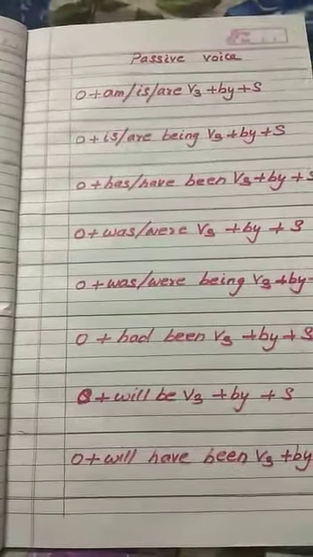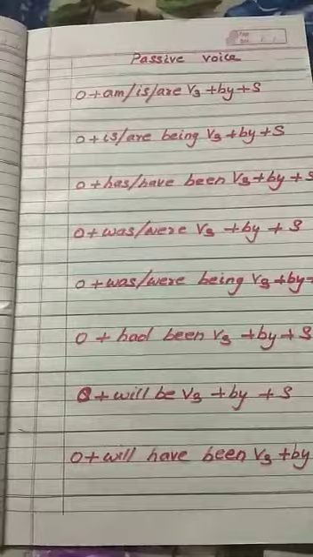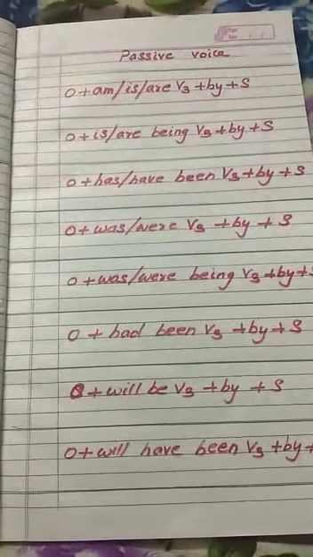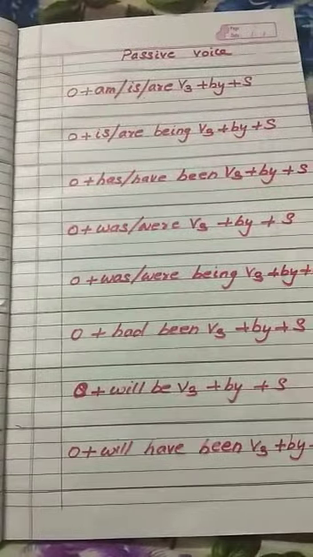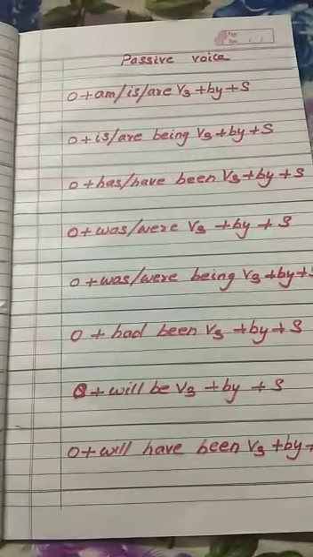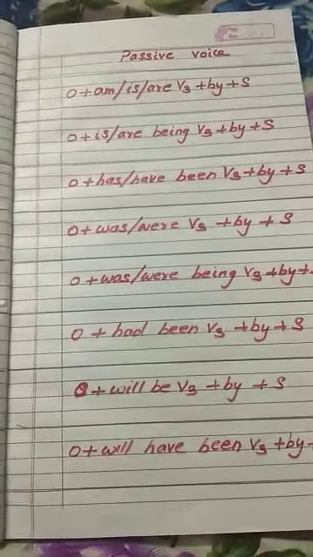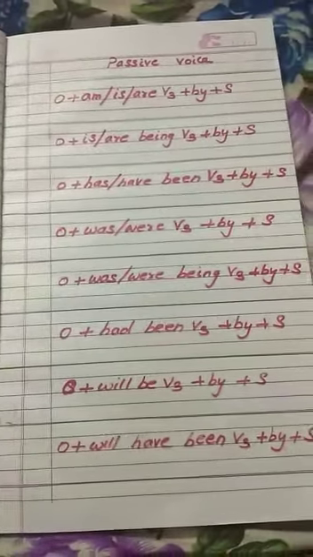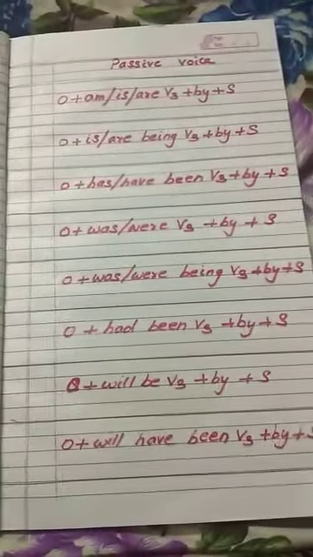When it is converted, the object comes to the subject place. Am, is, or are and then V3 and then the subject will come. Am is used when I is present in the object place. When it is singular, we will be using is. When the object is plural, we will be using are.